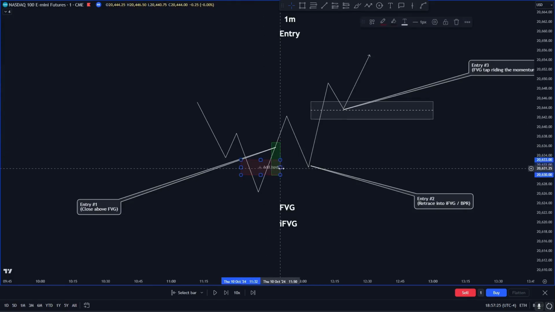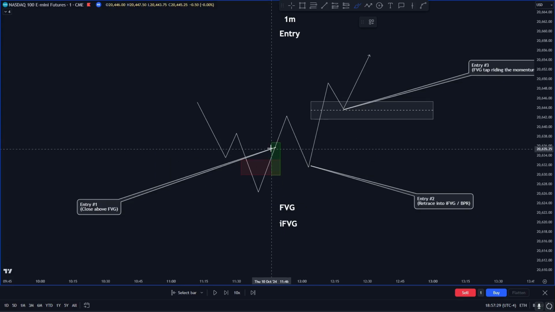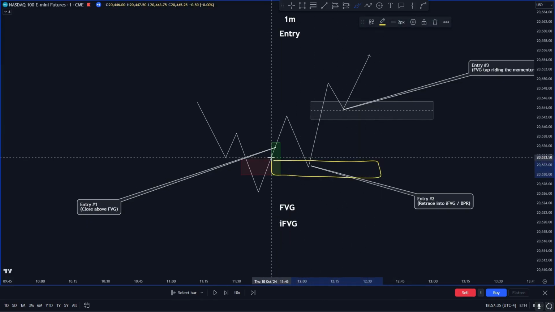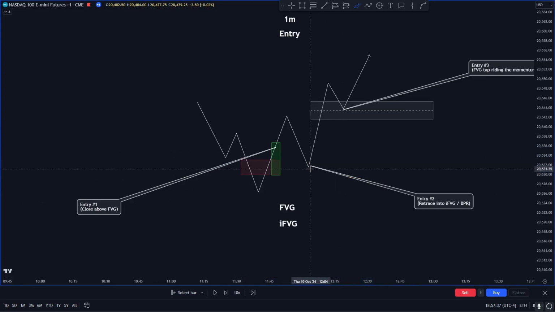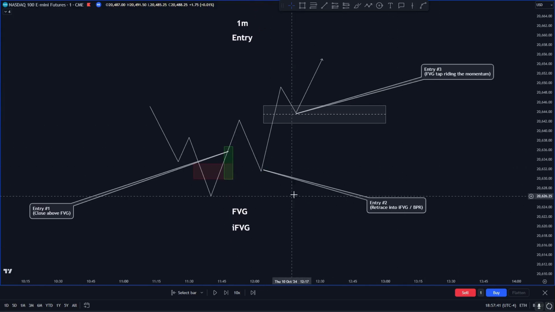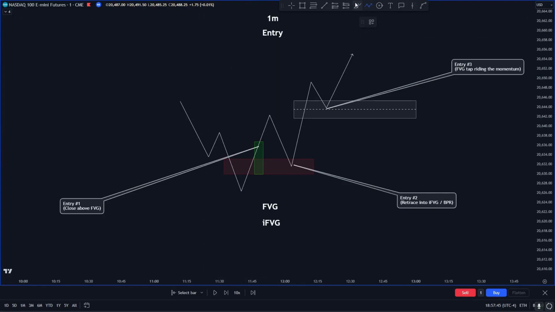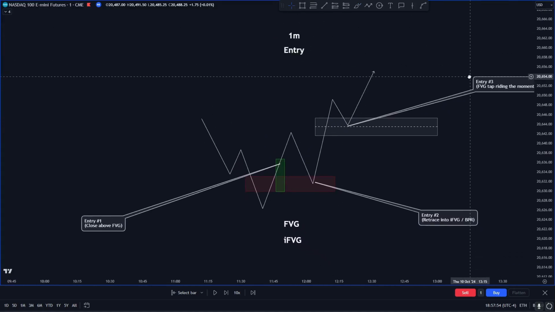So this little area right here, where these both overlap, when you retrace into it, that's a really nice level of support to send us higher. I would really prefer this because it's a little bit safer, because now maybe there's a market structure shift up here. So now it's truly showing that the market is currently reversing.